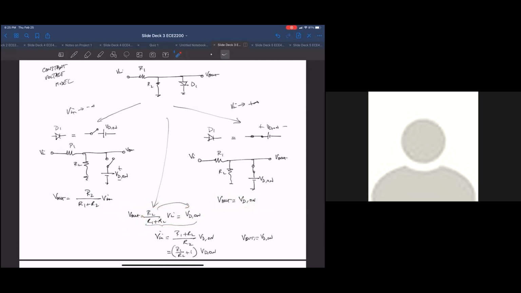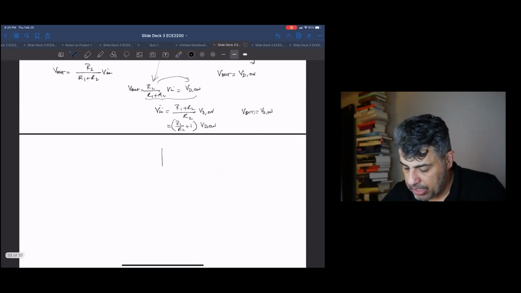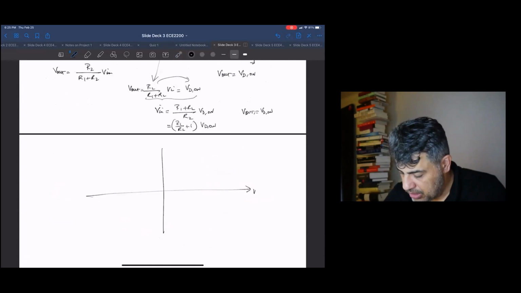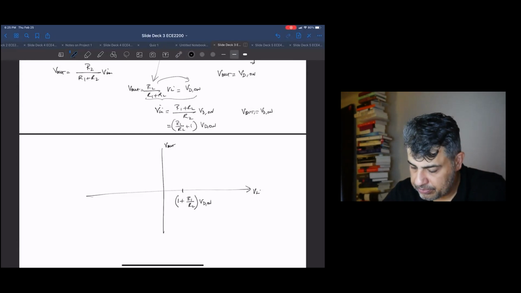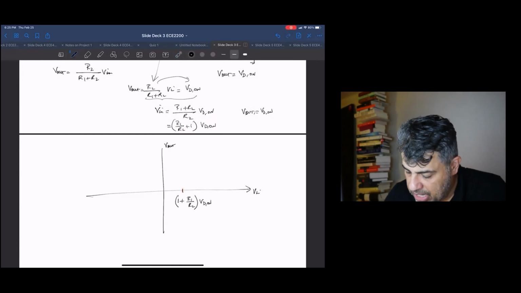Okay, I see. So when we plot it, I'm going to plot V in versus V out. V in is going to be somewhere here, and its value is going to be 1 plus R1 over R2 times VD on. And then V out is going to be VD on, so it'll be up here. So the crossover point will be here.